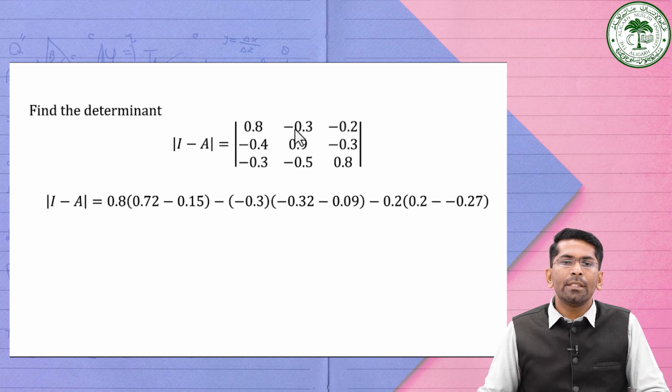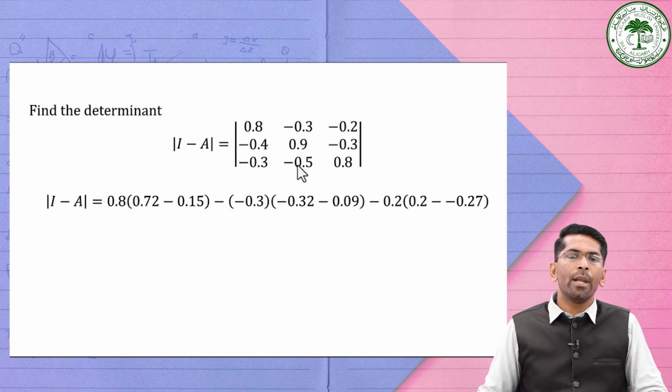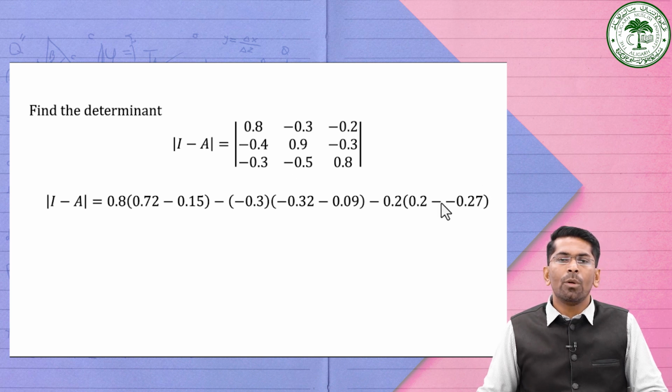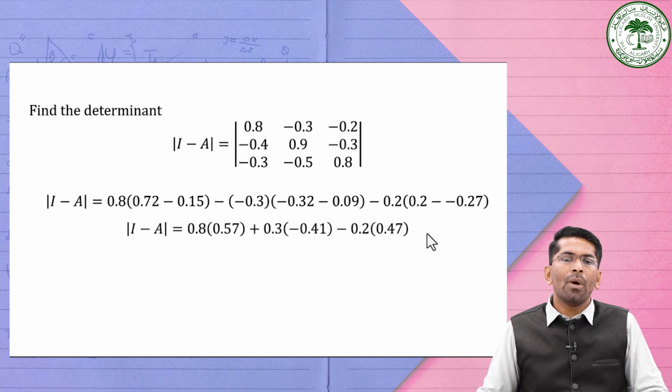Then minus 0.3, crossing the first row and second column, it will become minus 0.4 into 0.8, which is equal to minus 0.32, minus 0.3 into minus 0.3, which is equal to 0.09. Minus the third element, that is 0.2, crossing the first row and third column, it will become minus 0.4 into 0.5, which is equal to minus 0.2, minus 0.9 into minus 0.3, which is equal to minus 0.27. So if you simplify it, the determinant value will become 0.239. So this is the determinant value.